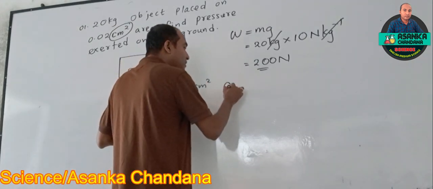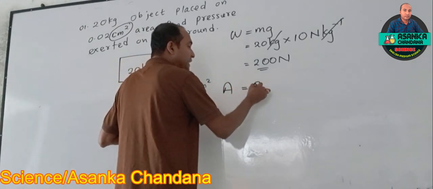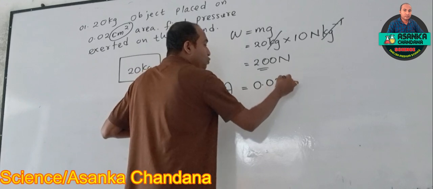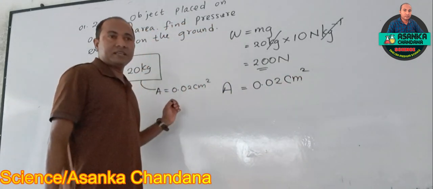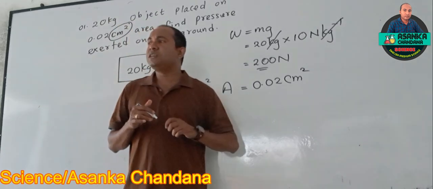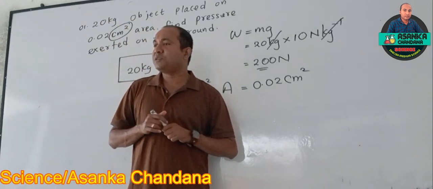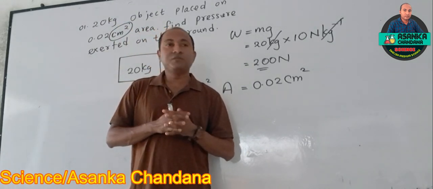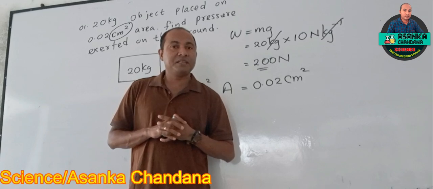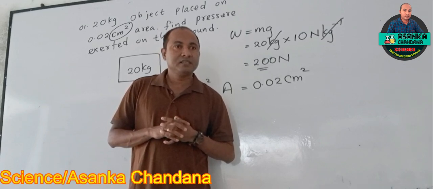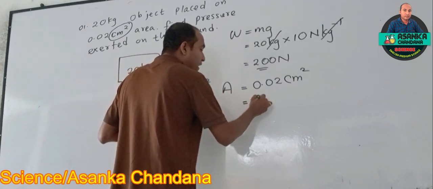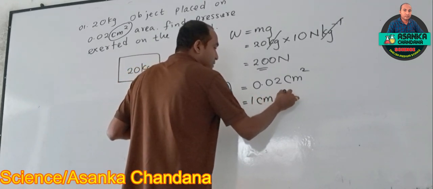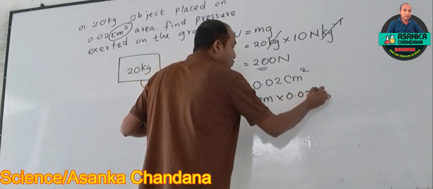What is the area? Area is 0.02 square centimeter. Then tell me how to convert the square centimeter into square meter. Right. We can write this one 1 centimeter times 0.02 centimeter.